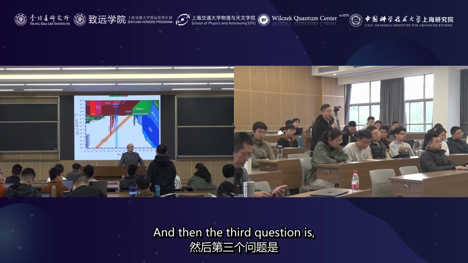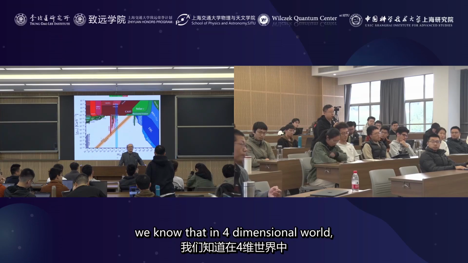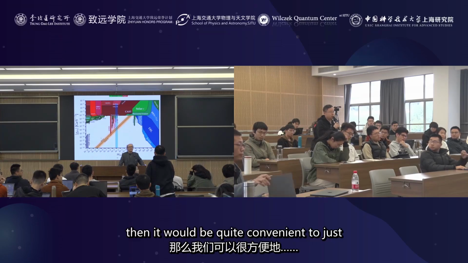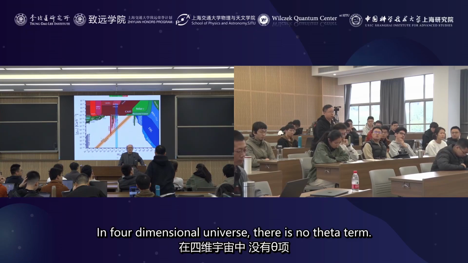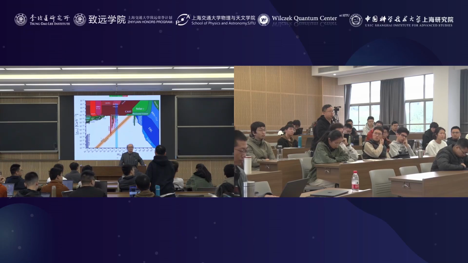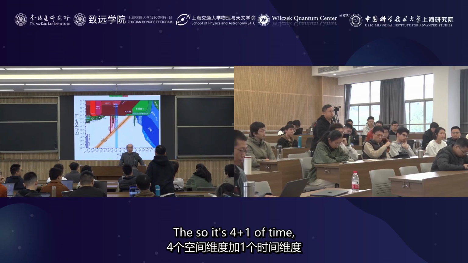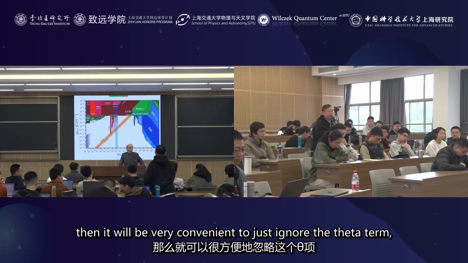Yeah. And then the third question is, we know that in a four-dimensional world, there's no theta term. Then it would be quite convenient to just ignore the theta term. Come again? You mean if there are 4 space dimensions? Yes. Then it would be very convenient to just ignore the theta term.